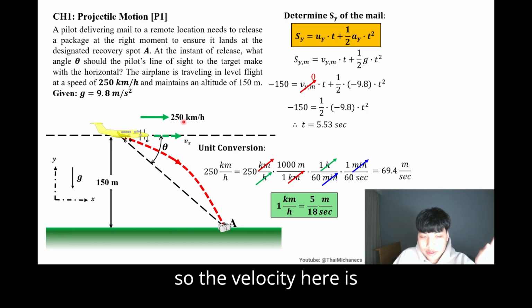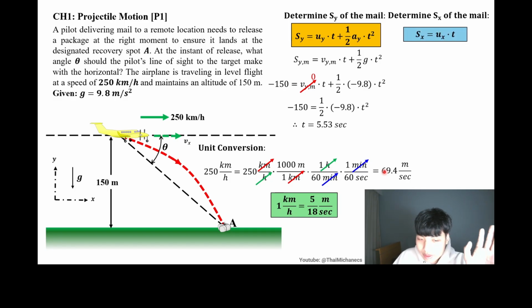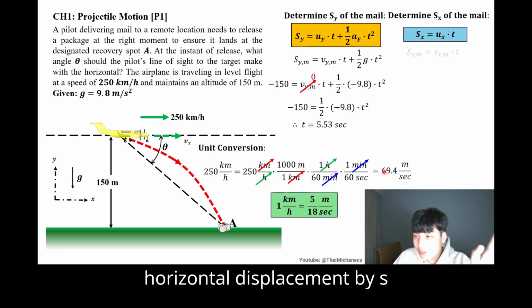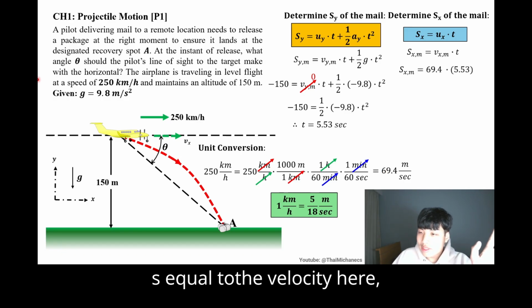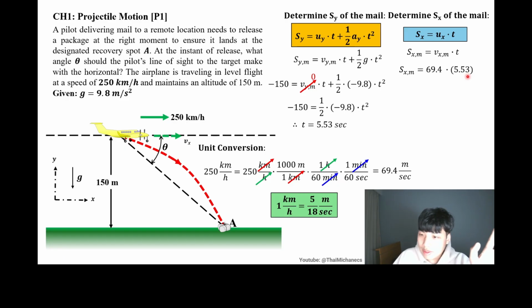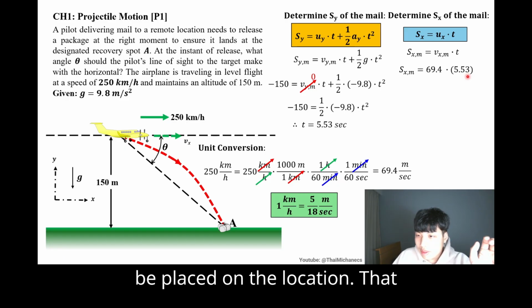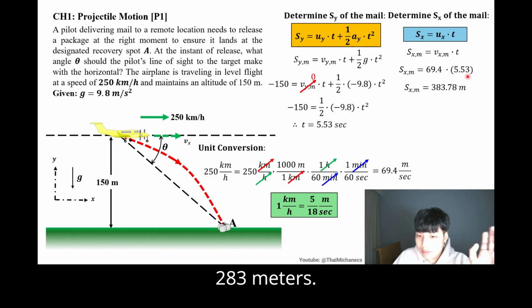The velocity here is 250 kilometers per hour, or 69.4 meters per second. We can easily determine the horizontal displacement by s equals ut. So s equals the velocity times the time needed for the parcel to reach the location. That means the horizontal distance will be 283 meters.